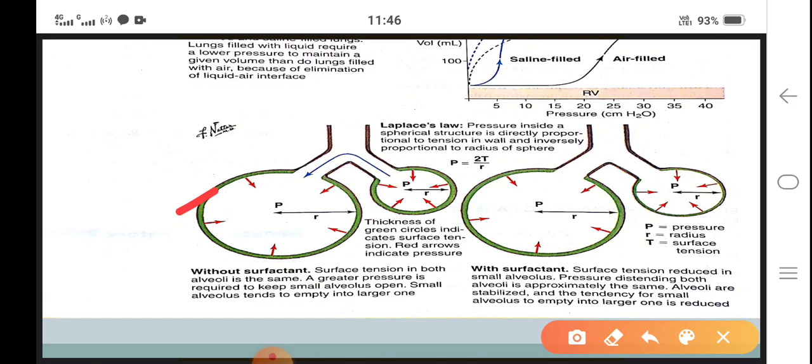Surfactant, surface tension, and collapse of alveoli. First, we go through the principle of surface tension. When water forms a surface with the air, the water molecules on the surface of the water have an especially strong attraction for one another.